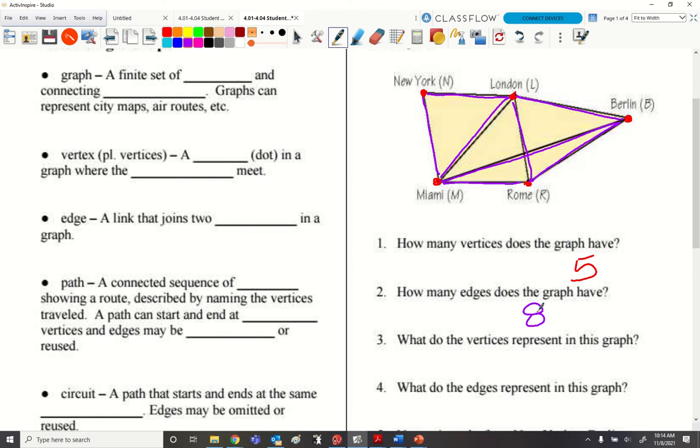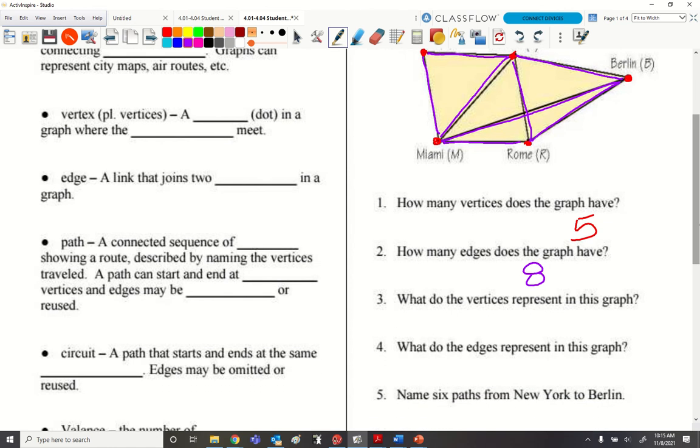Oh yeah. Hey, listen, I understand. That's why we're going over this. So, all these are cities, right? Okay, they're all different cities around Europe and America. So these are all cities.